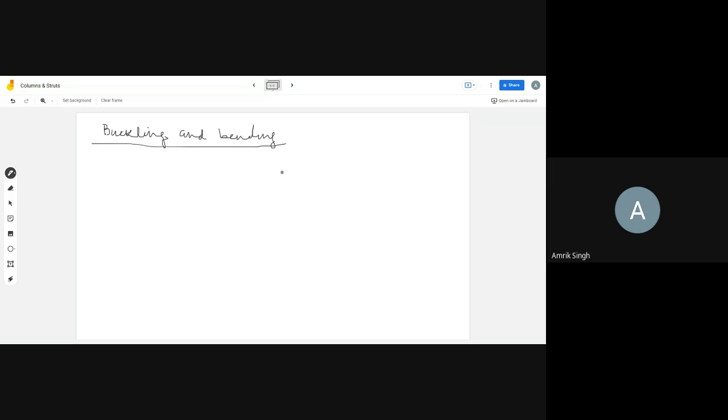When a beam is supported here and you apply a load which is perpendicular to the neutral axis, what will happen? It will bend. So this is bending.